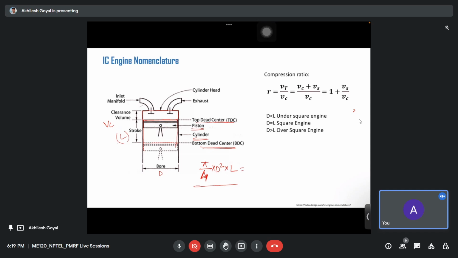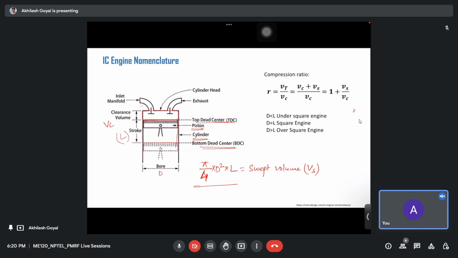This volume is called swept volume, and we write it as Vs. So this is the main and basic nomenclature.